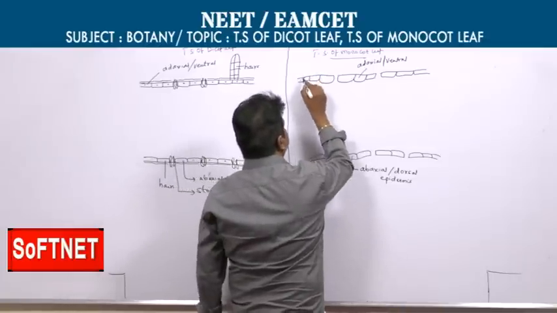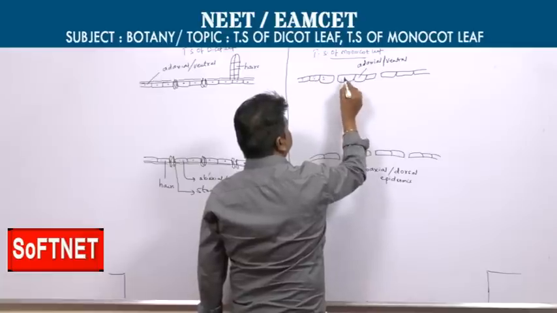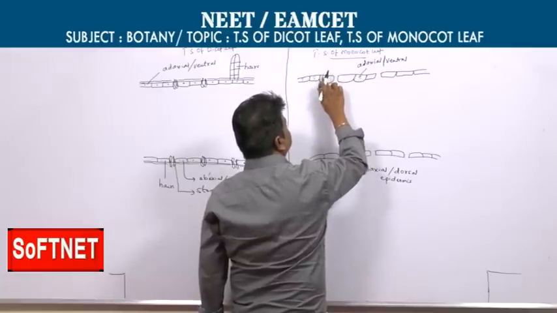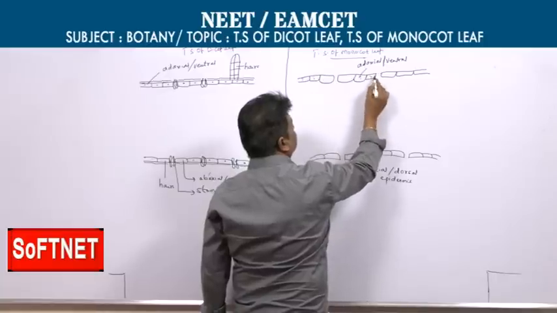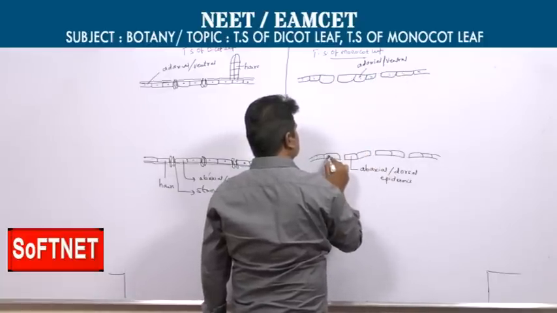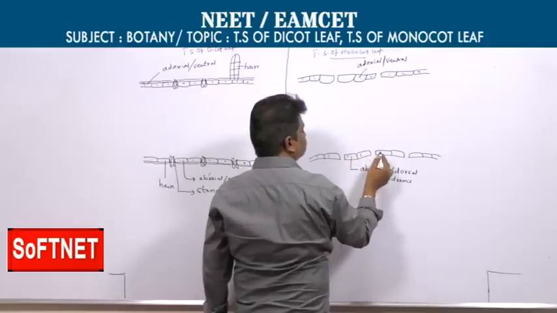Even in grass leaves, epidermis contains living cells with vacuolated protoplast, and chloroplast is absent.